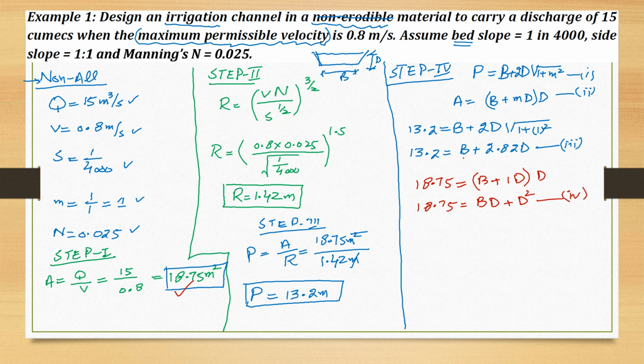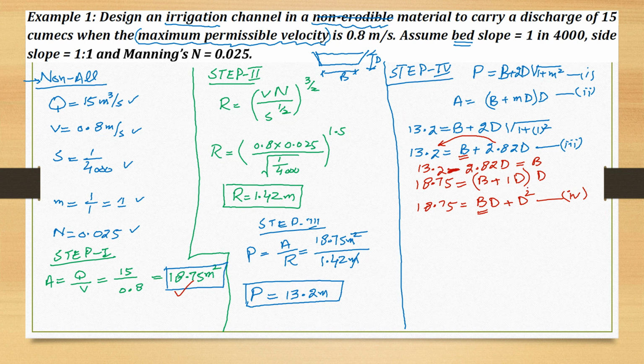Simply, what will we do? We will get a value of B from here by rearranging this. So simply we can write 13.2 minus 2.82D equal to B, where this plus value will be shifted, and this B value will be adjusted here, and we will solve for a value of D. We will get two values of D here because there is a square.